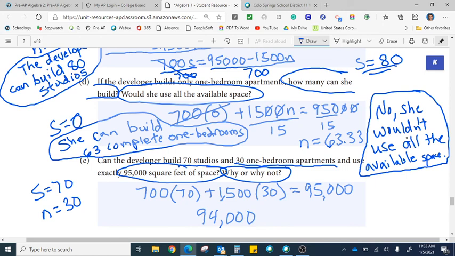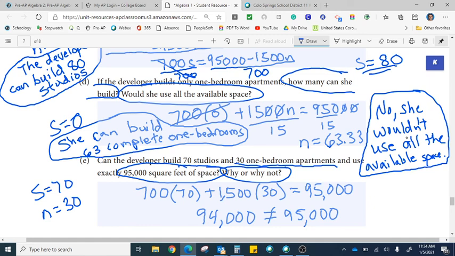Okay, so it does not equal 95,000. Okay, she could make that arrangement. She could make that arrangement maybe, and maybe add another studio. Another, let's see, if the studio is 700 square feet, so another studio, not another one bedroom, because one bedroom takes up 1,500, but she could add another studio in there.